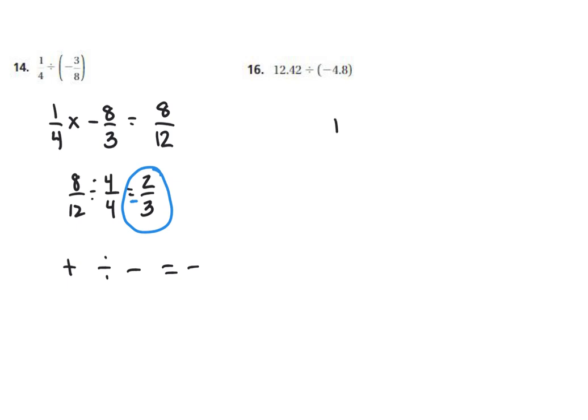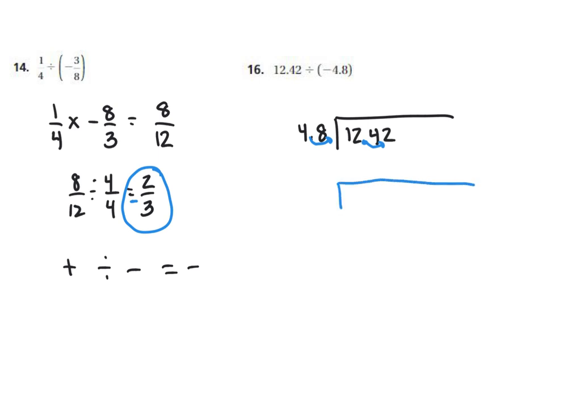Number 16, I have 12.42 divided by 4.8. And I can't divide by a decimal, so I need to move my decimal point one place to the right, which is the same as multiplying by 10. And then I need to do the same thing to my number inside, moving it to the right one place, multiplying by 10.